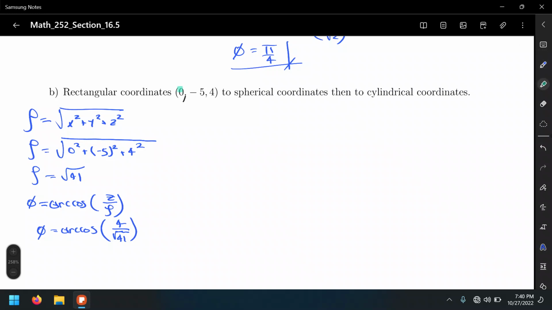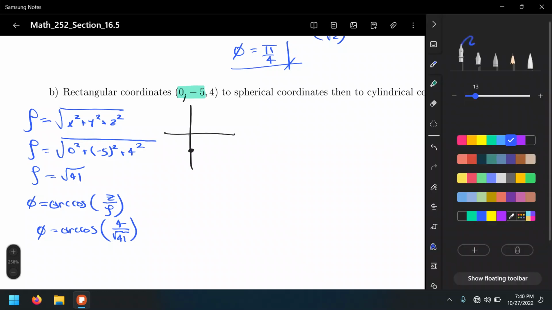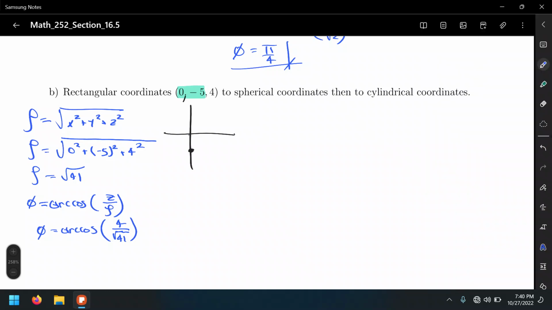All right. Let's focus only on x and y. What is this going to give us in 2 dimensions? The point 0, -5. From here we can figure out the angle theta. What is that angle? 3 pi over 2.